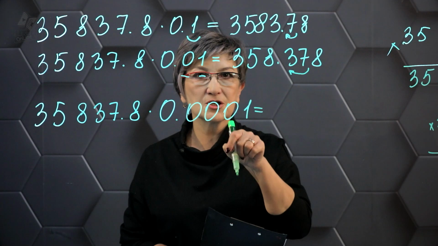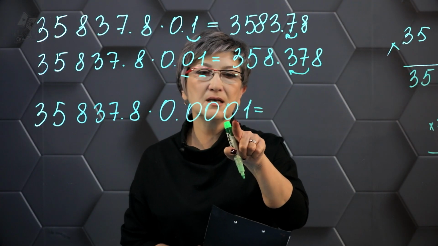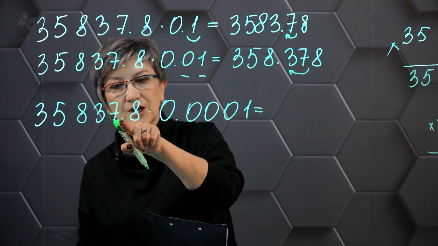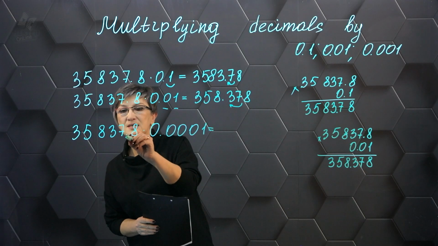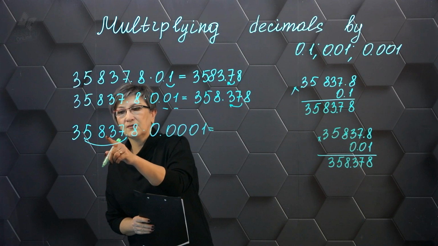So how many digits are there? 1, 2, 3, 4. So in the answer, our dot will move 4 positions to the left, 4 digits.